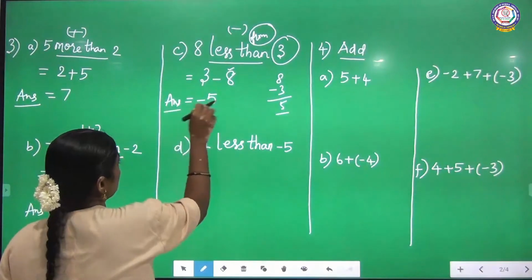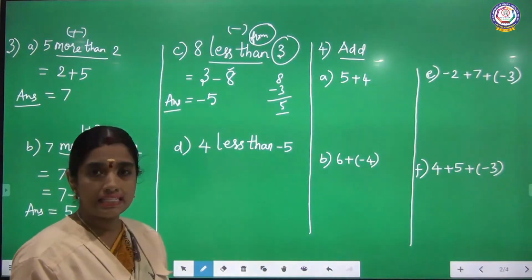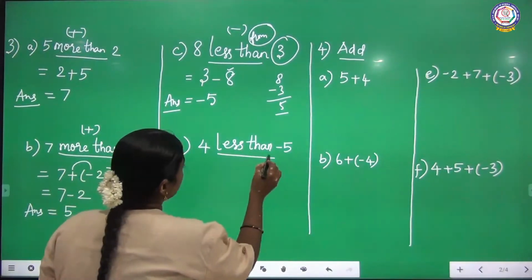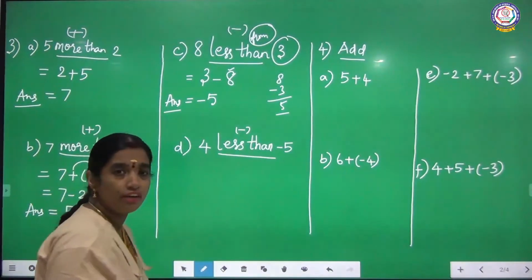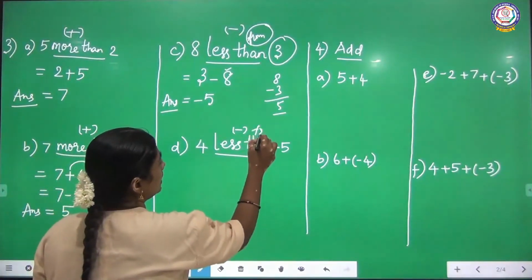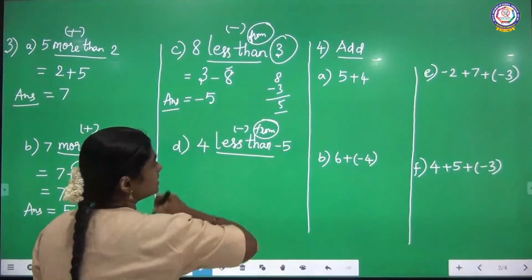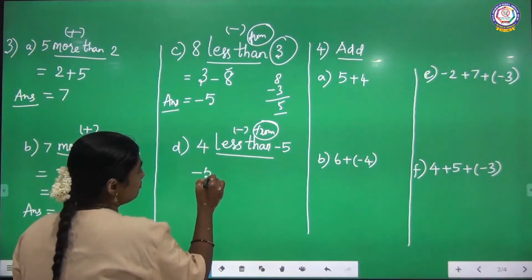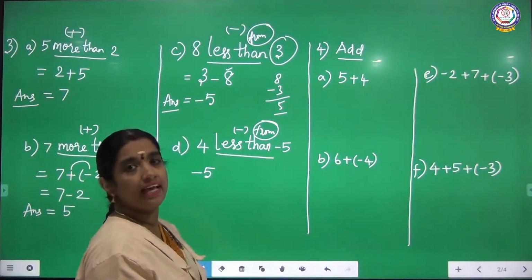Now, listen. 4 less than minus 5. It is also minus, and what concept are we using here? From. Less than is what? From only. Same as from. So, minus 5 less than 4.